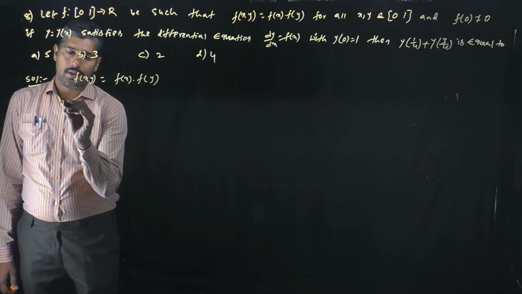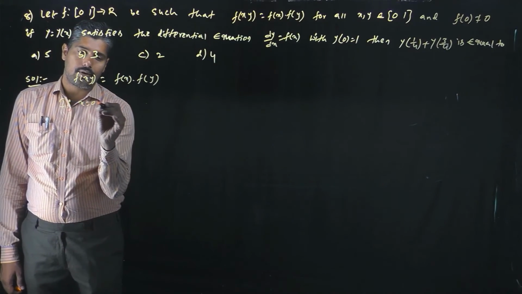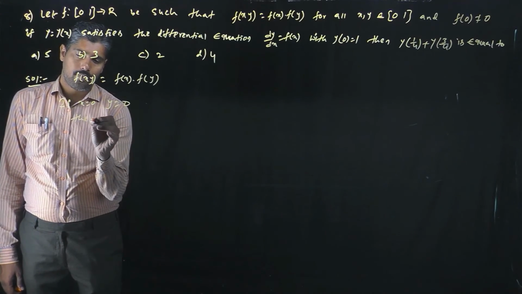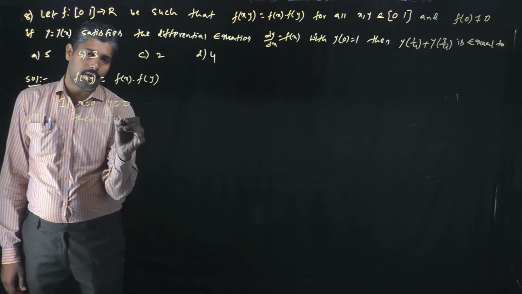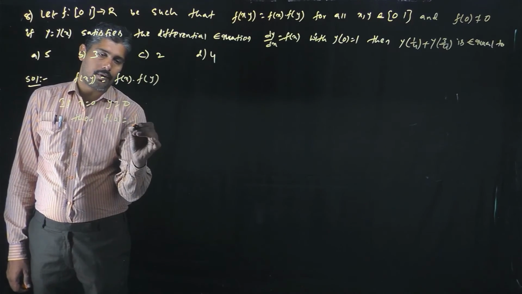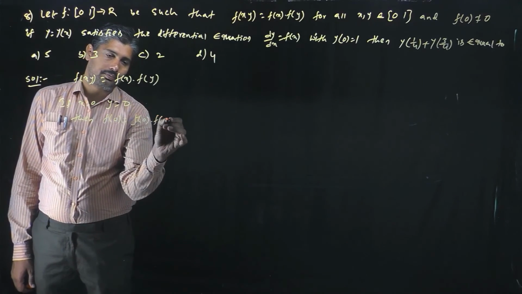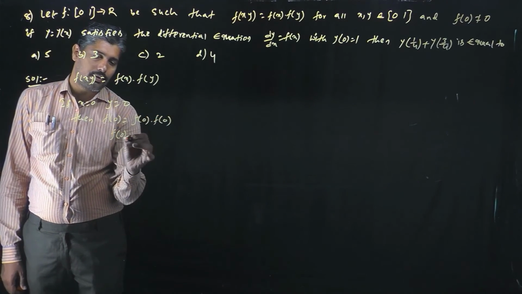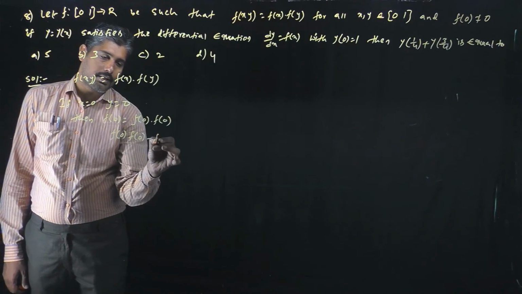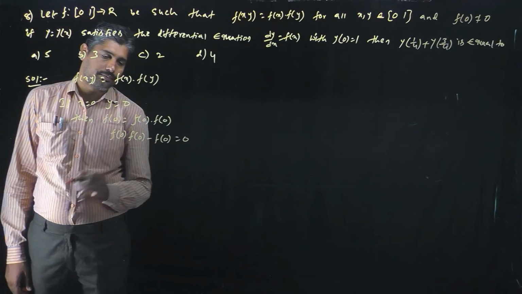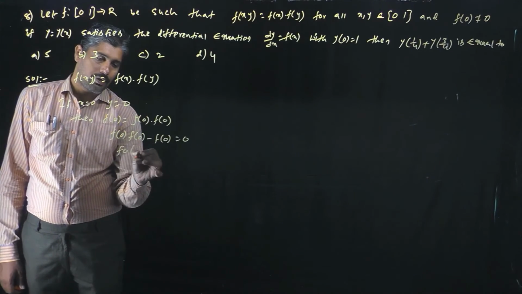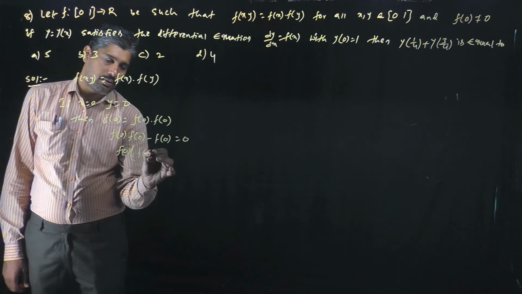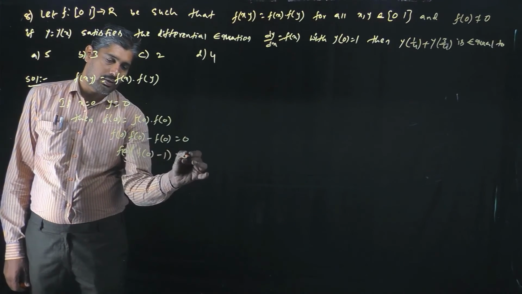If x = 0 and y = 0, then f(0) = f(0) f(0). Taking the right side across, f(0) f(0) - f(0) = 0. Taking f(0) common, we get f(0)(f(0) - 1) = 0.